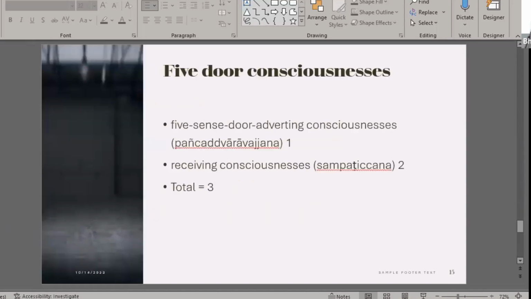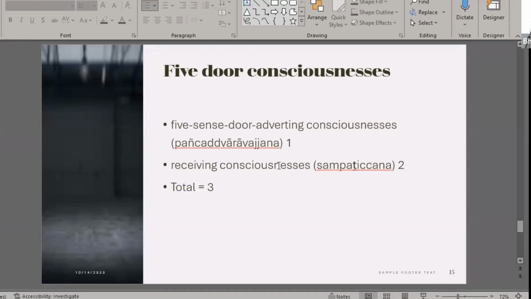Then 5 door consciousness. It's easy, only 3. When a visible object strikes, Panchadvara Vajjana arises to advert towards that object. For sound, smell, taste, and tangible objects, similarly Panchadvara Vajjana arises, not for other objects. After Panchadvara Vajjana, one of the 2 receiving consciousness, Sampaticchana, arises.